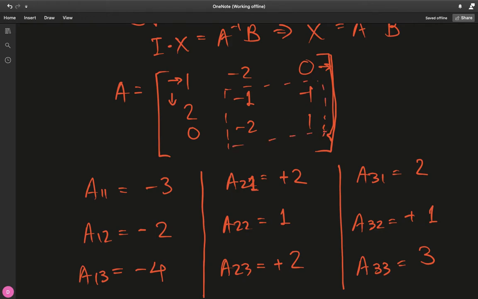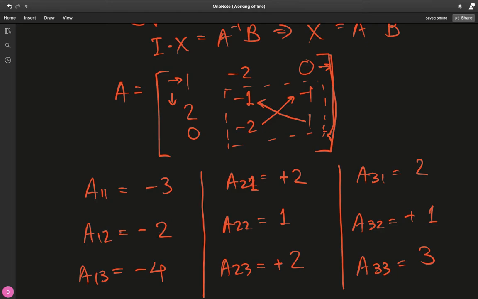Then you calculate the determinant of it, considering it as a 2 by 2 matrix. So that's this times this minus this times this. So -1 minus this -2 that we have will give us a -3.